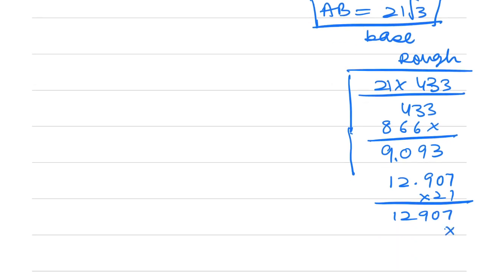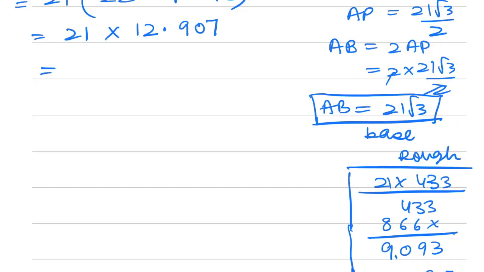12907 and 2 7 times is 14, 2 9 18, 5 and 2. So we get 740, 1 and 7, 2 and 3 decimal points. We get this as 271.047 and we have found the area, so centimeter square.